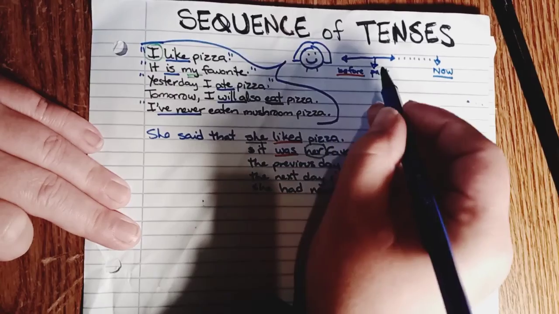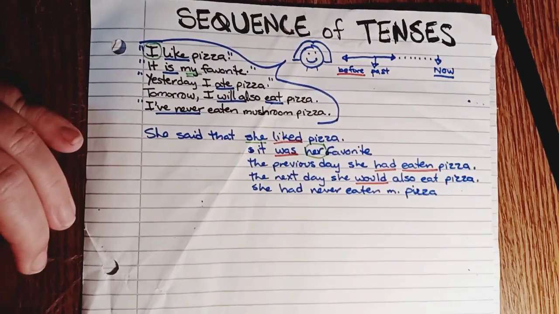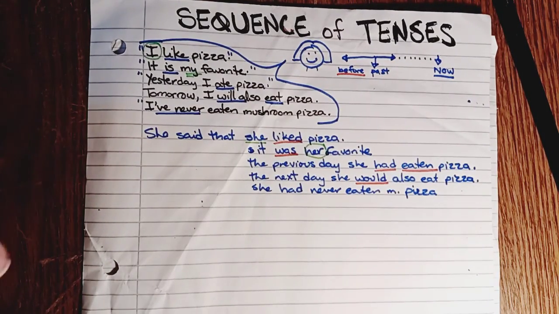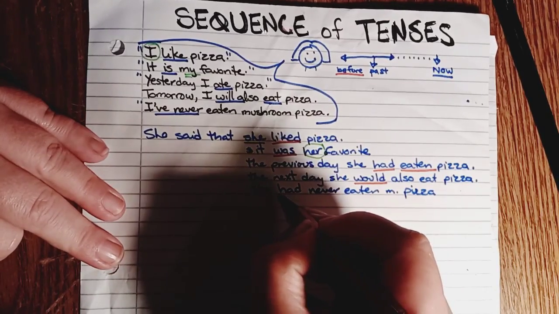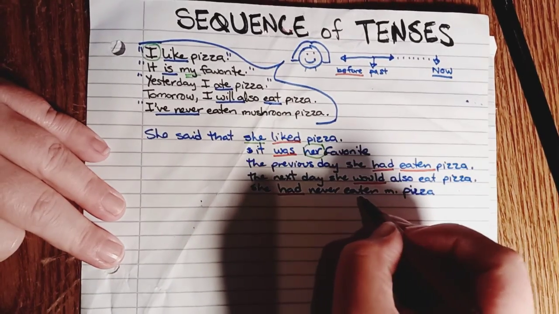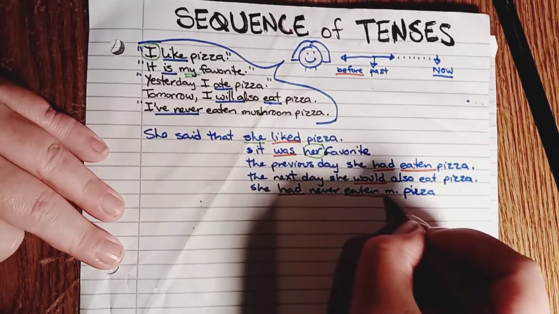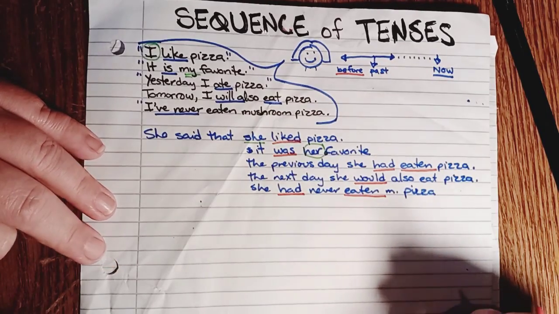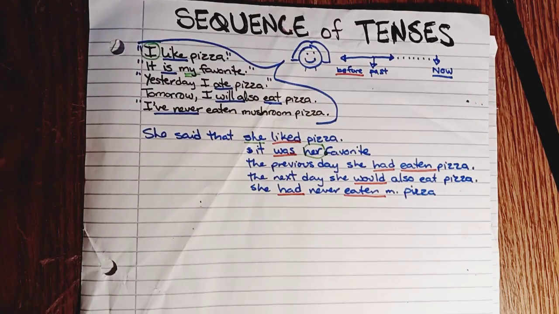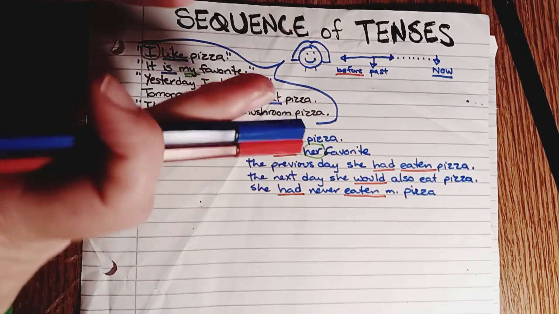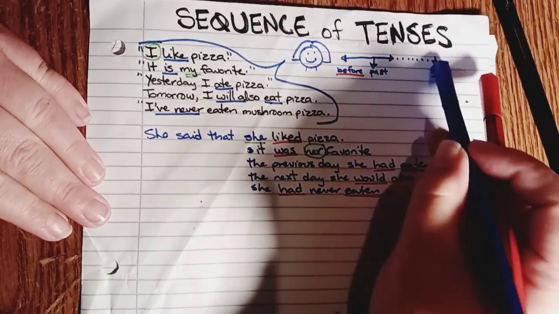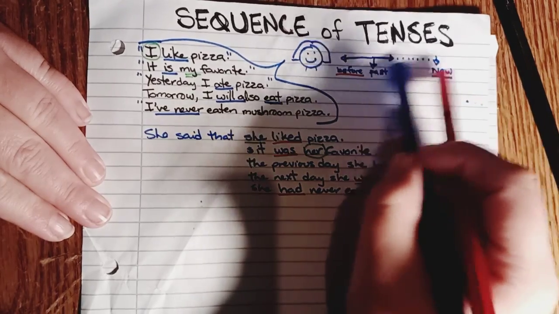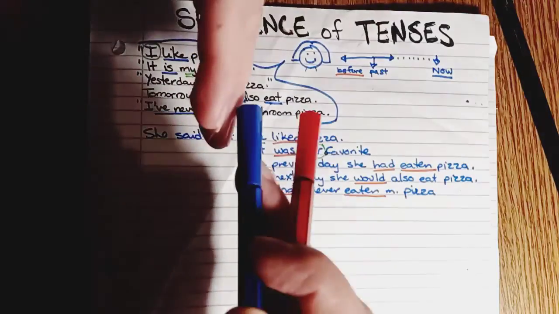Because it happened before she said it. So again, anything that happened before is going to change to past perfect. The auxiliary had in the past, and the past participle of the verb. And basically that is the sequence of tenses. All the tenses, when you are repeating them, there's a shift because everything that happened shifted to the past.